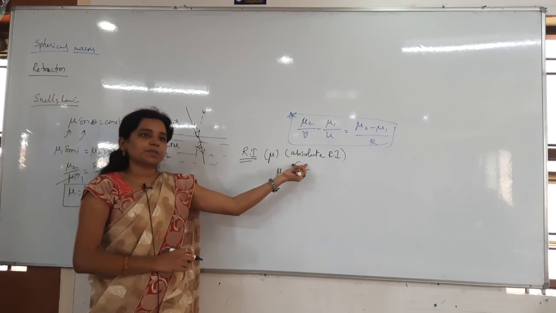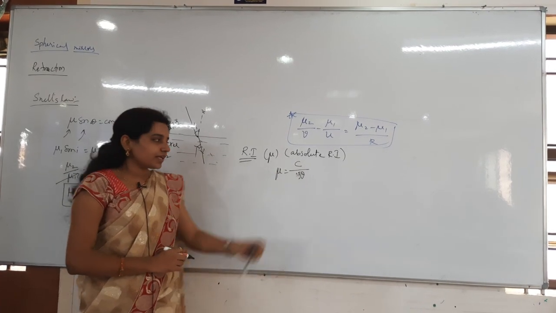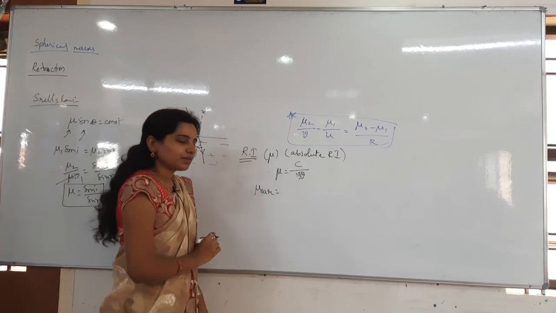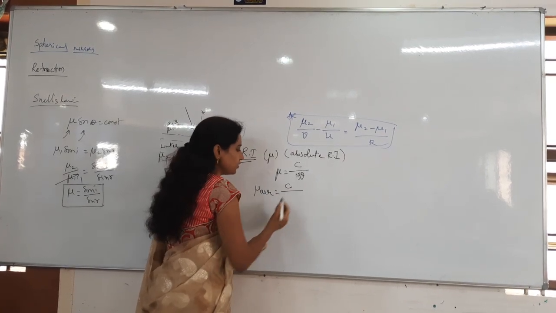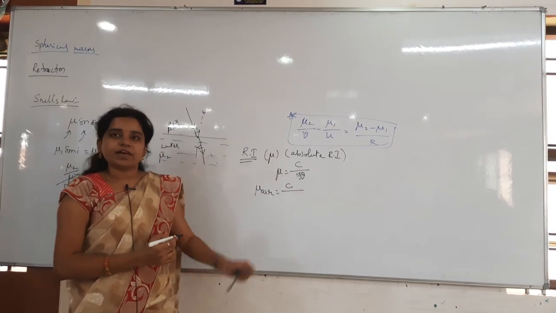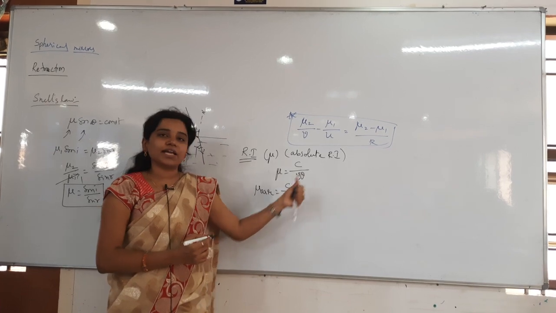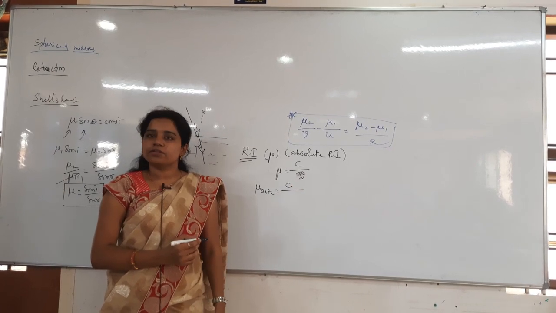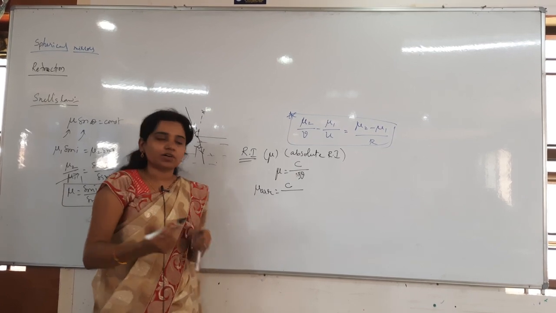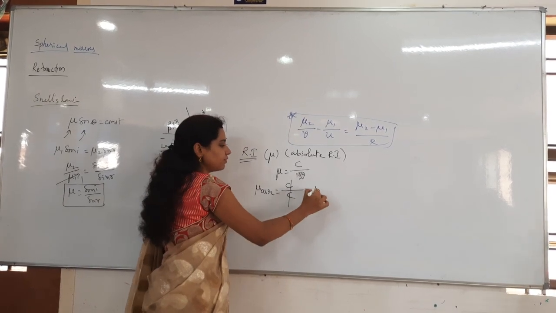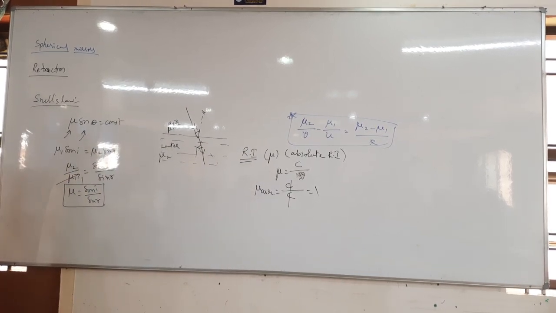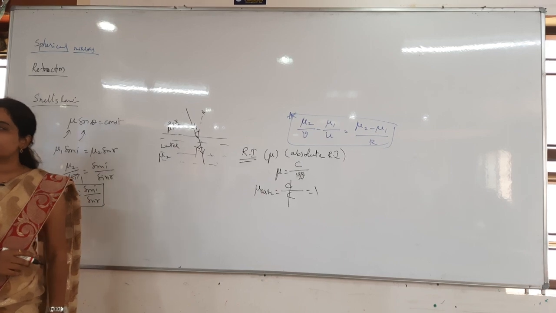Why? Because this is a ratio of two speeds. For example, for air, the velocity of light in vacuum is always C, and the velocity of light in air is almost the same as in vacuum, so this is also C. Then the answer is 1. That is why I have taken mu1 as 1. Clear? That is about the absolute refractive index.